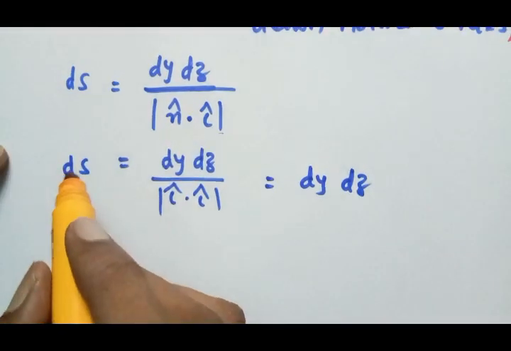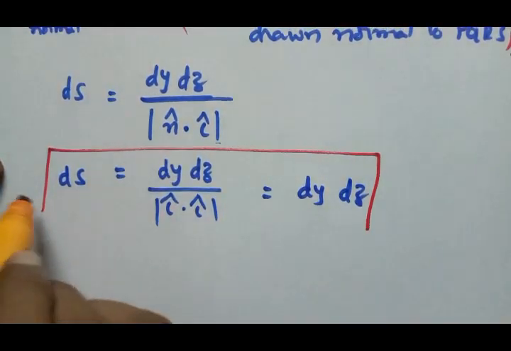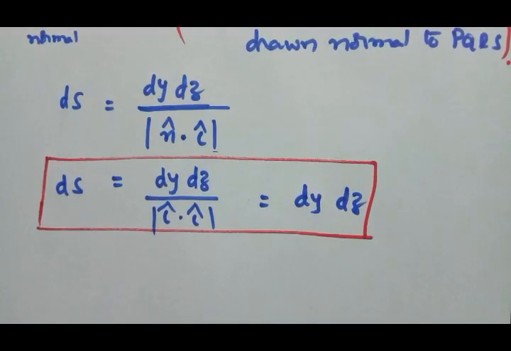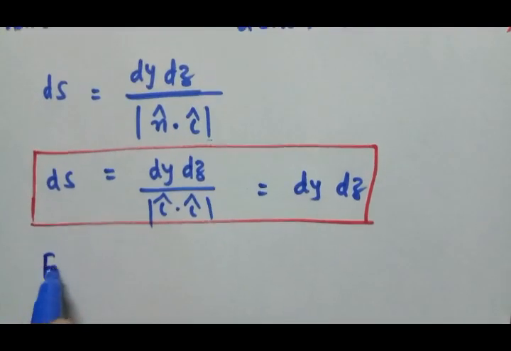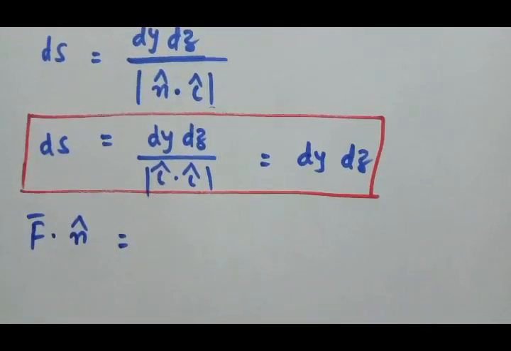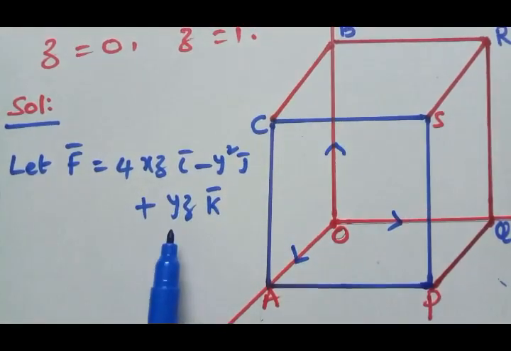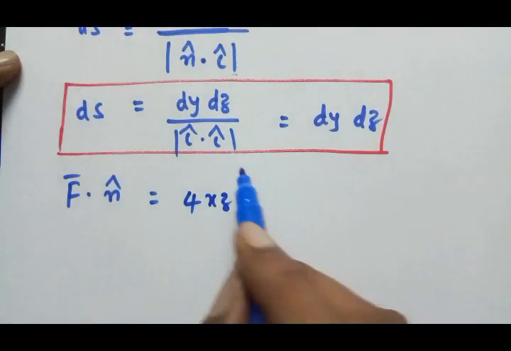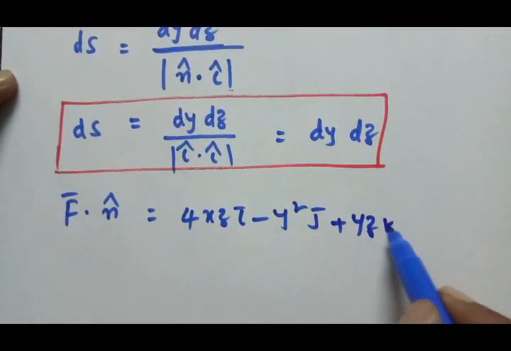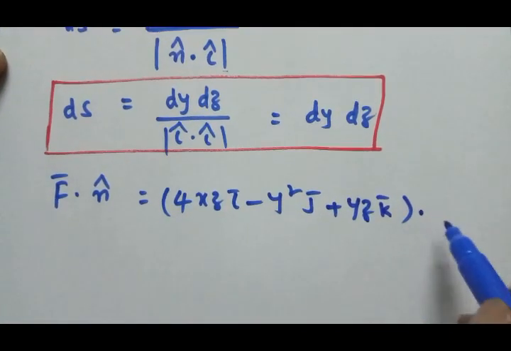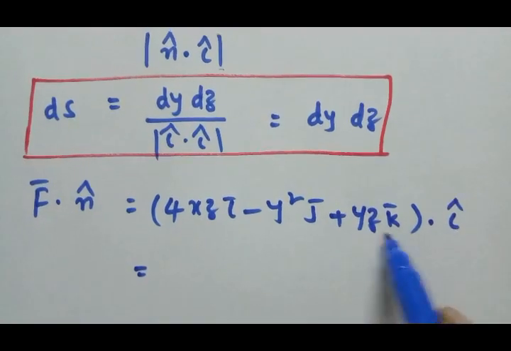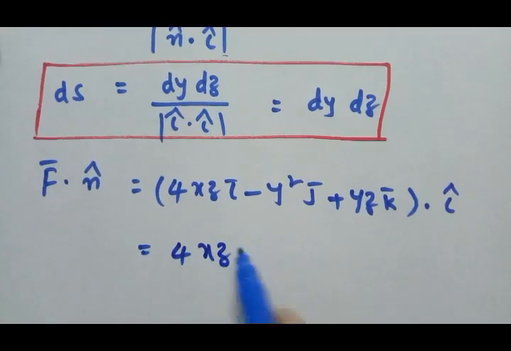Therefore, f bar dot n cap is equal to, what is f bar? f bar is 4xz i bar minus y square j bar plus yz k bar, dot n cap. n cap is i cap, so that is equal to i bar dot i bar 1, j bar dot i bar 0, k bar dot i bar 0, giving 4xz.